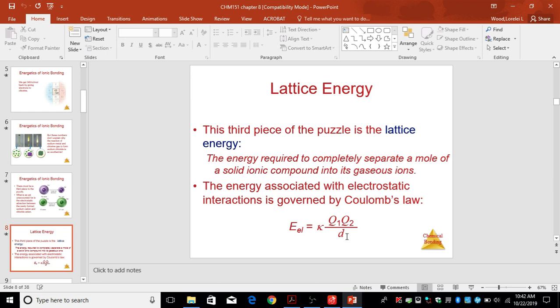So, the energy that's required, this lattice energy, is going to be this E value right here. K is a constant, a number that doesn't change, it just helps the algorithm behave. Q1 and Q2 are the charges on the ions involved. So let's think about that first before we move on.